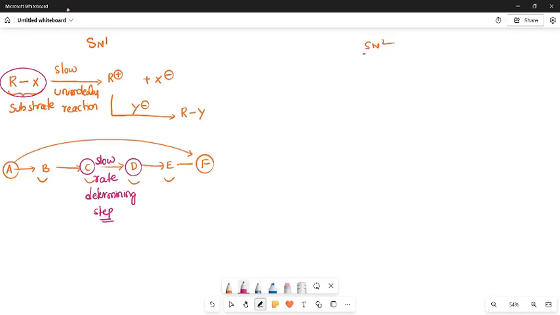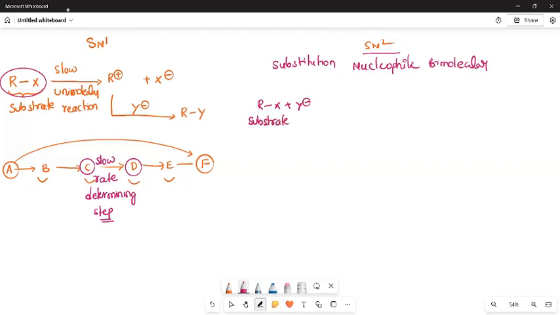Next, whereas SN2, what is the full name of this SN2? Substitution nucleophilic bimolecular. So here actually RX plus Y minus, that means substrate and nucleophile.